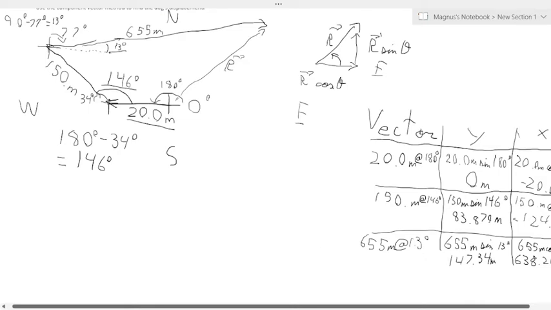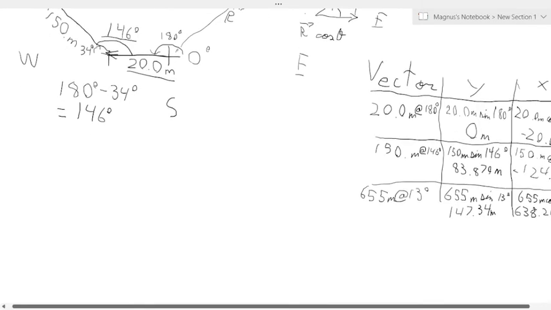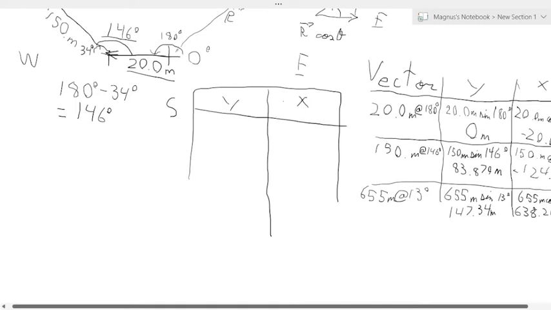So now what we are going to do is take these vectors and make a net. So we want our net y and x vector. I'm just going to isolate this from everything else so it's a little easier to see because I'm messy. I'm going to have y, I'm going to have x.